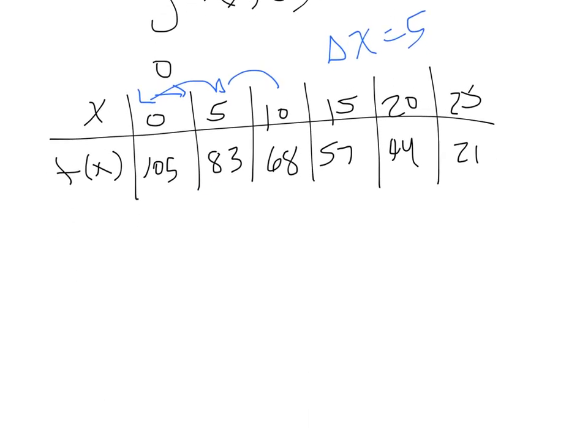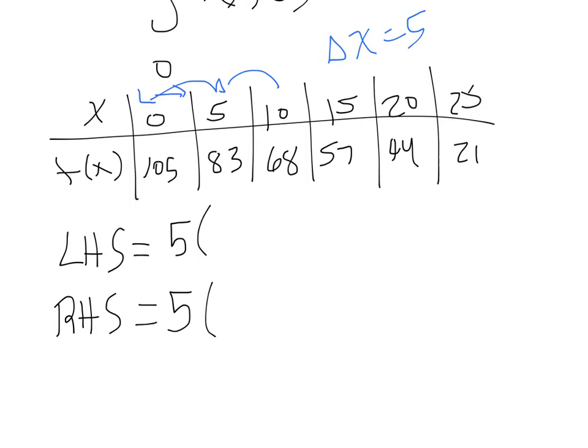And they ask you to find the best estimate, which means do a left-hand sum and a right-hand sum. And so I'm going to take both of these and multiply them by 5, my widths.